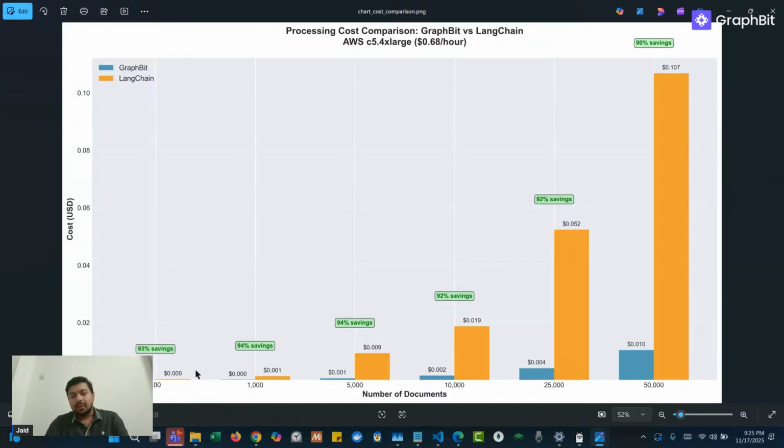But comparing LangChain's implementation to GraphBit, as it's not that computationally hungry, it really doesn't cost you much. So you don't have to automatically create or spawn another instance to get more computational resources while getting more documents to process.